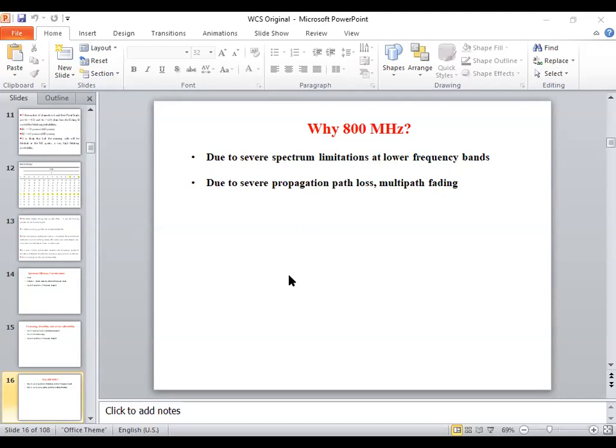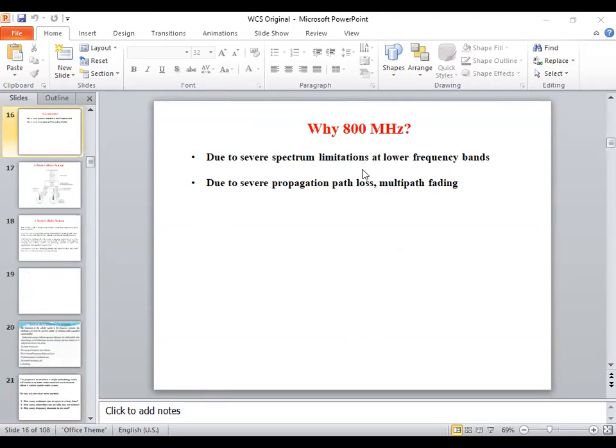That's why we are using the 800 megahertz, even though it is not an ideal transmission medium for mobile radio, but the effects of spectrum limitation, propagation path loss, and multipath fading are less in this band. That's why we are using the 800 megahertz band. So communication is mostly done in the 800 megahertz band.